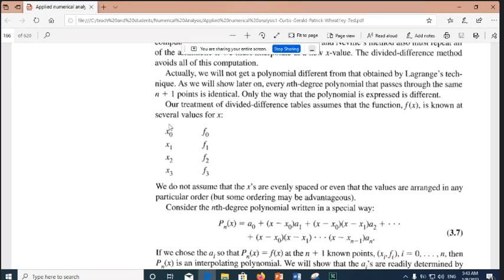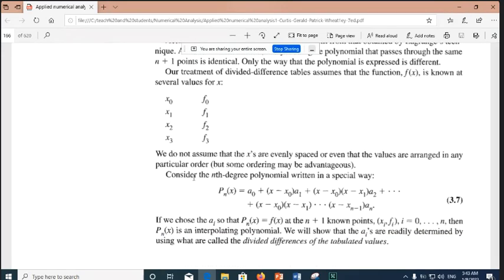We assume that we have the values of f at this point, x0. The value of f at this point is f0. The value of f at x1 is f1, and so on.